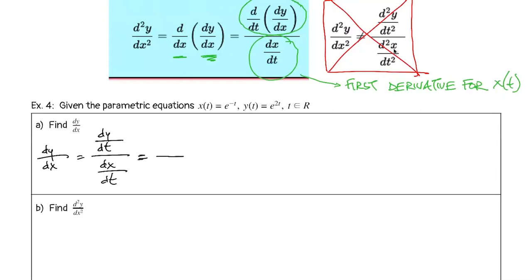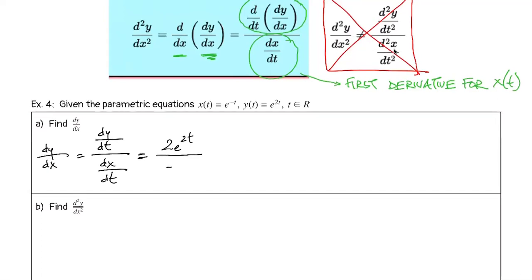When I find my dy/dt, I'm going to get 2e^(2t), because I have to use the chain rule for that y component. And for the x, I'm going to get negative e^(-t), because again, I'm using the chain rule.